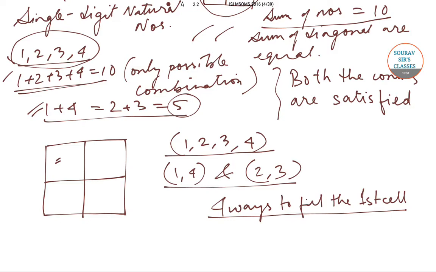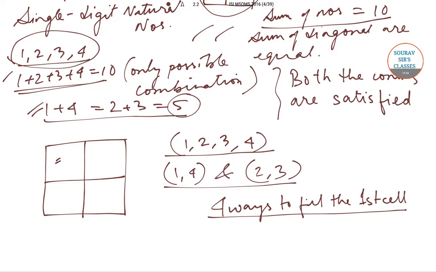After we fill the first cell, when we take one particular value to fill the first cell, the next cell cannot be filled by the value which adds up with it to give 5.